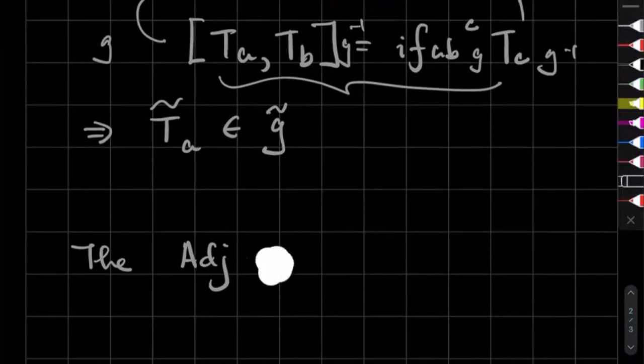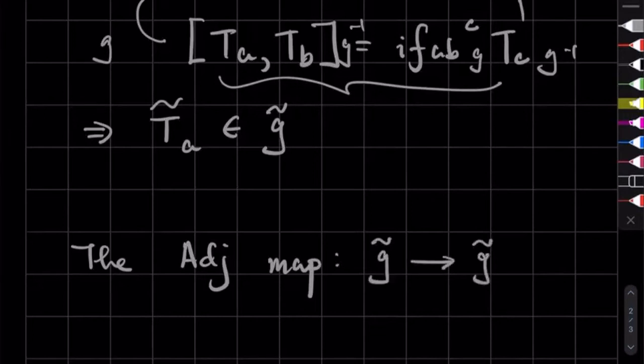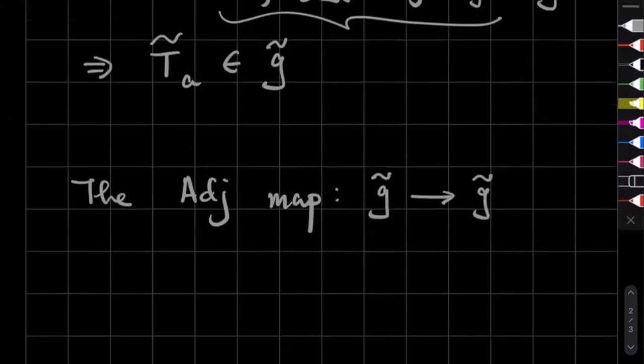So the adjoint map is a map from the Lie algebra to itself, right? And we can think of it as a vector space or a module or something like that.